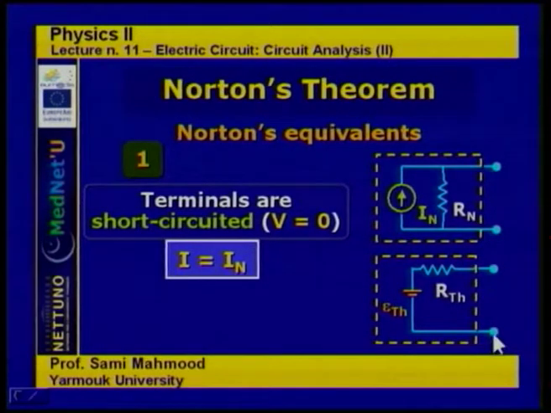Now, since the two circuits are equivalent, if we short circuit the Thevenin circuit now, what do we get? We get a current that flows, because we have a loop now that consists of epsilon Thevenin and R Thevenin. That's it. So the current that flows in the circuit, or that's drawn from this box, is simply epsilon Thevenin divided by R Thevenin.